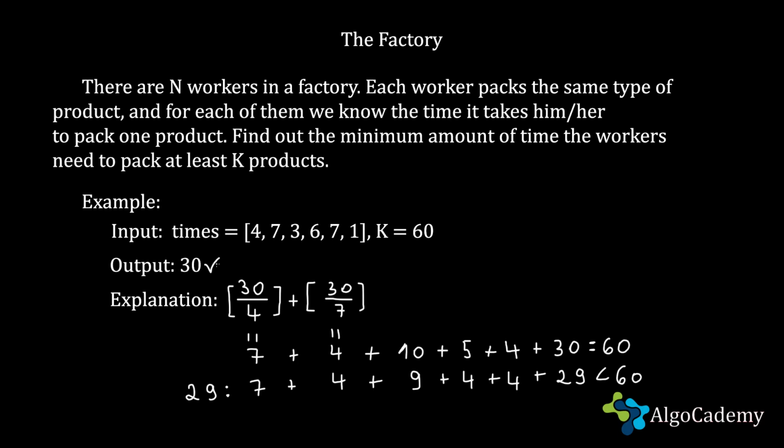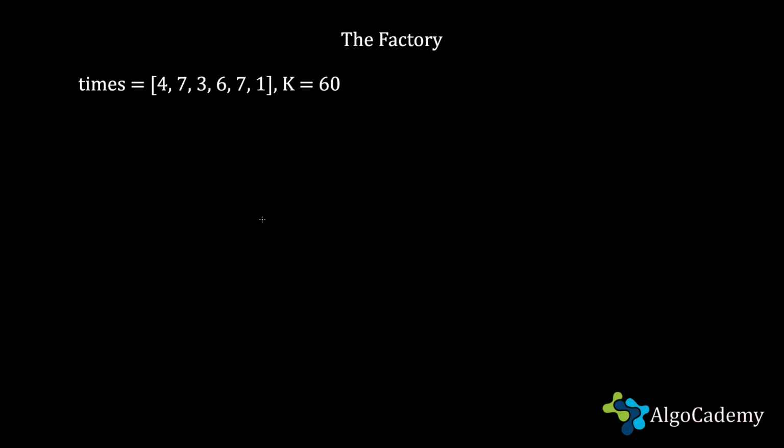So now that we have just explained the example, let's, as usual, come up with a brute force approach for this. Alright, so how would you even come up with a brute force approach for this problem? Well, following our bulletproof structure to come up with brute force approaches, let's analyze again the problem. The problem asks us for the minimum amount of time in which the workers can pack at least K products.